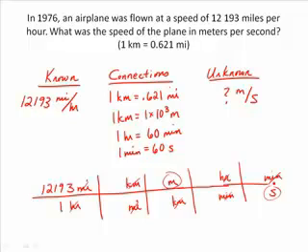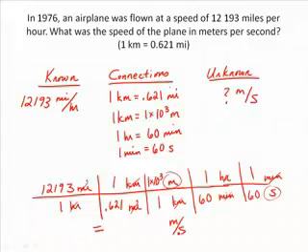So here I'm going to use that 1 kilometer is 0.621 miles, and 1 kilometer is 1 times 10 to the third meters. Then here is where I'm going to use 1 hour is 60 minutes, and 1 minute is 60 seconds. Alright, so let's put all that together. Our ending unit is going to be meters per second.